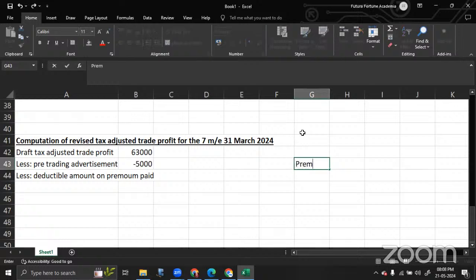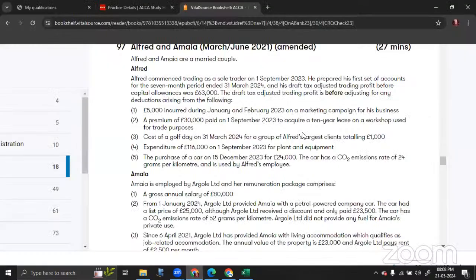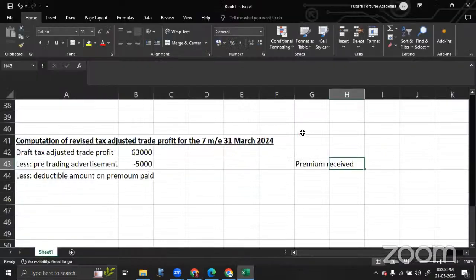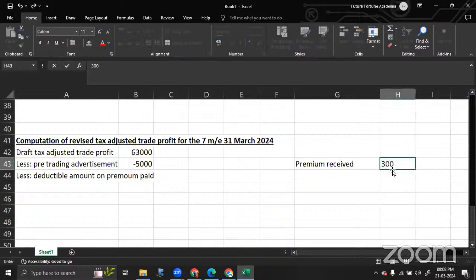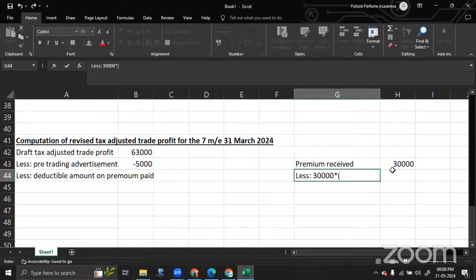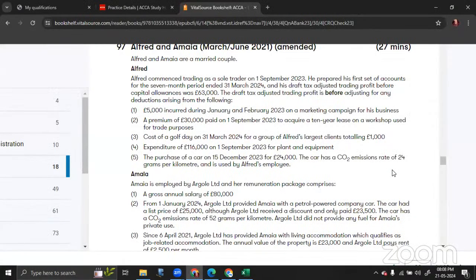So we'll take premium received. For this person it is premium paid, but to do the calculation, premium received is equal to 30,000. From that 30,000, we'll have to do a calculation which is equal to 30,000 into n minus 1, where n is 10 years.